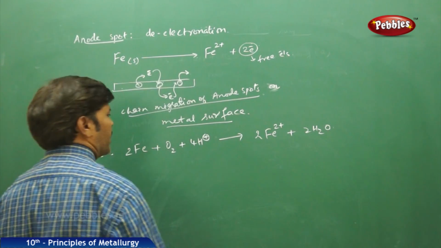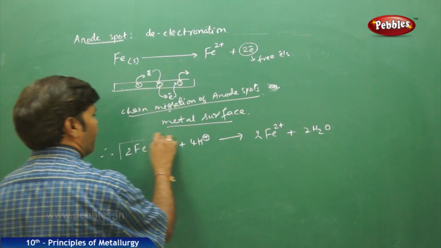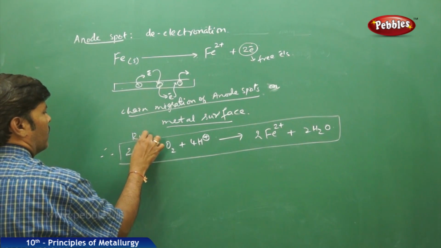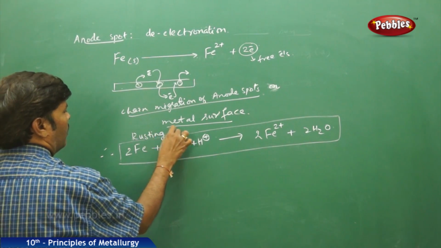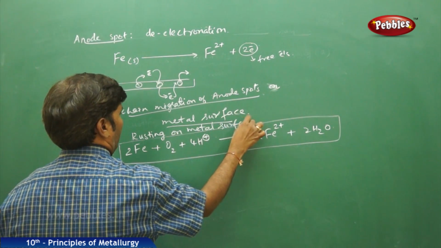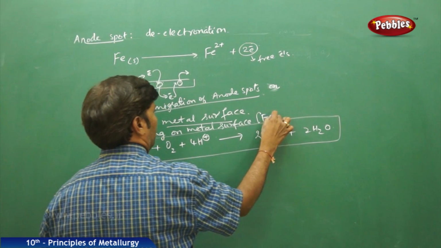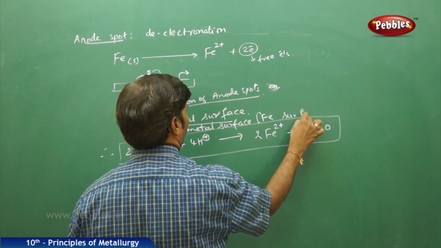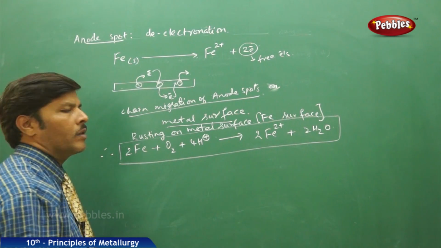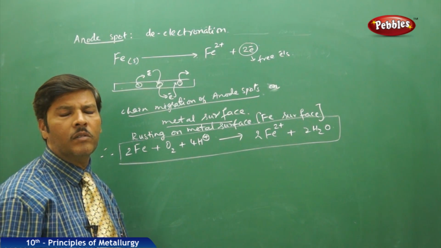This is the mechanism taking place in rusting on the iron surface. This comes under the rusting or corrosion on the metal surface.